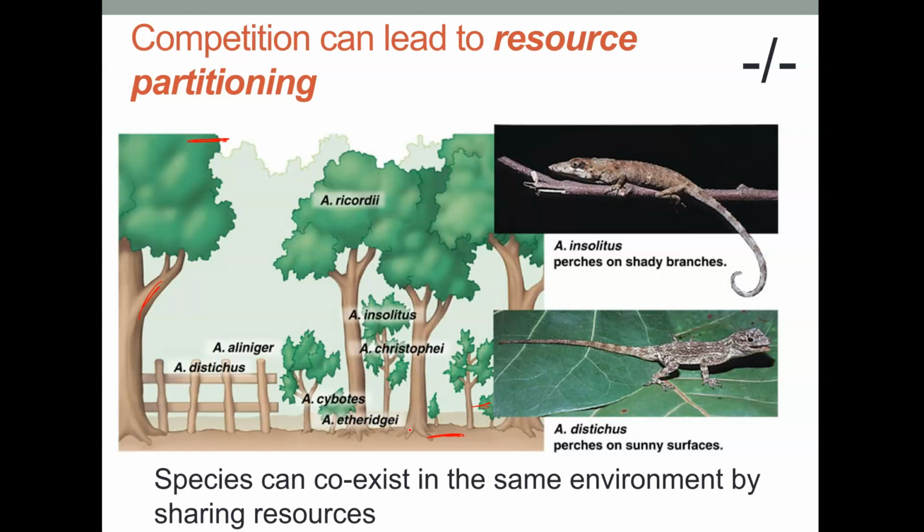And so this realized niche can lead to resource partitioning. Instead of competing with one another where they both lose, they're going to find a spot where they can compete best, if that makes sense.